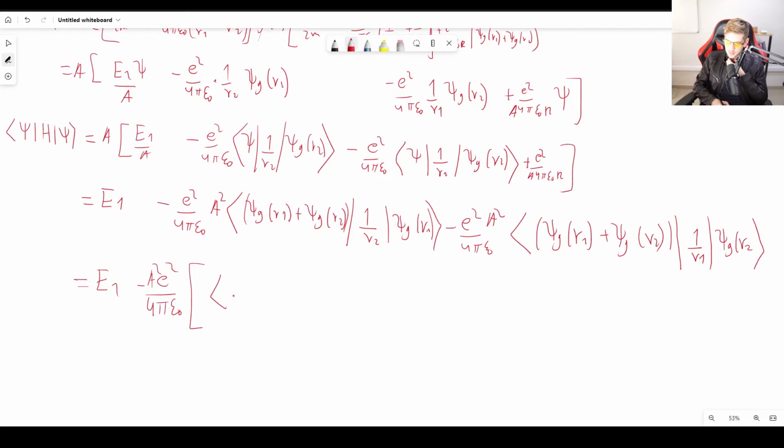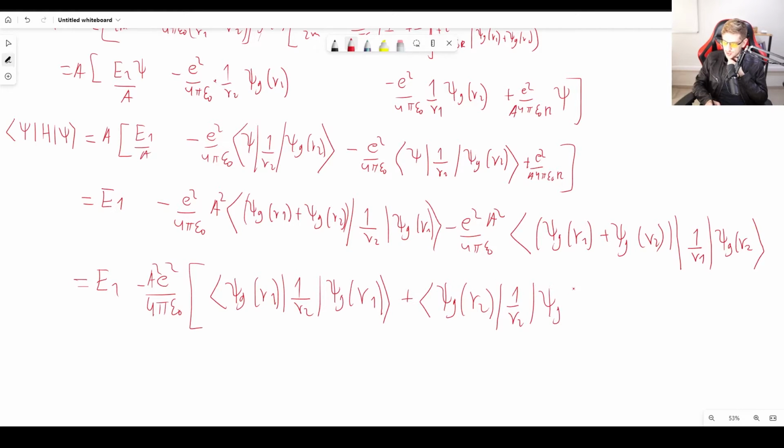So we get bra of psi g of r1, 1 over r2, psi g of r1. And then we get the other one, which will be psi g of r2, 1 over r2, psi g of r1.